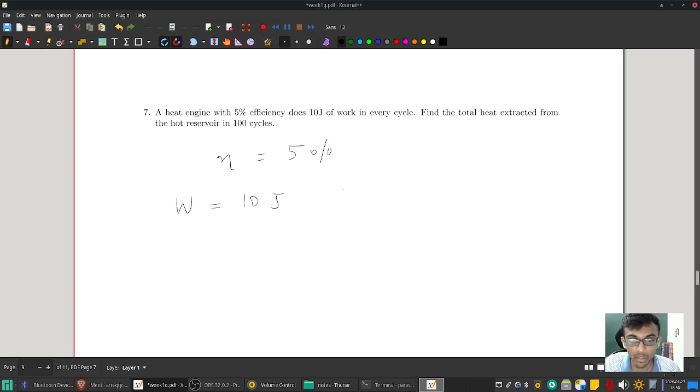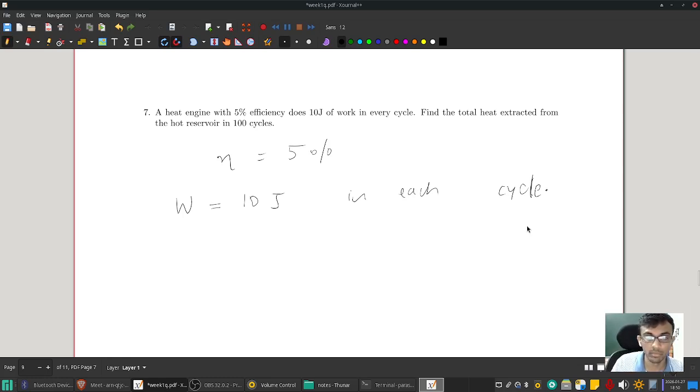Yeah, so this is in each cycle, and we have to find the total heat extracted from the hot reservoir in 100 cycles.